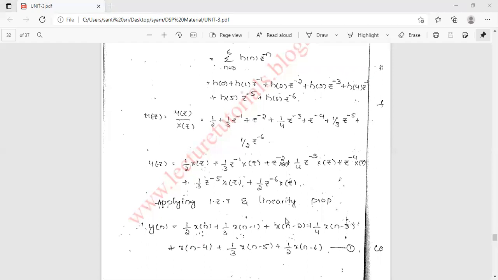Okay, plus x of n minus 2 plus 1 by 4 into x of n minus 3 plus x of n minus 4 plus 1 by 3 into x of n minus 5 plus 1 by 2 into x of n minus 6.